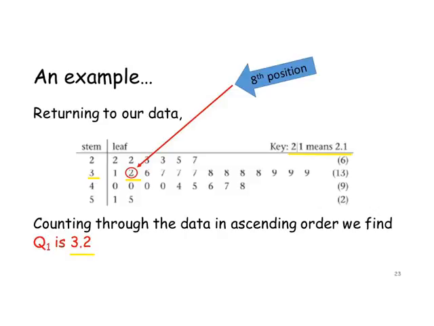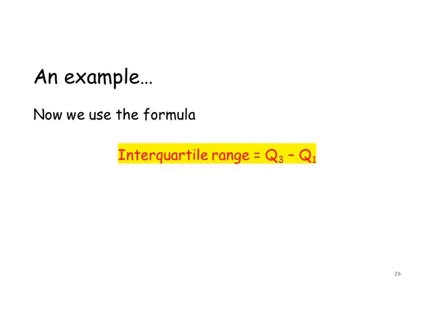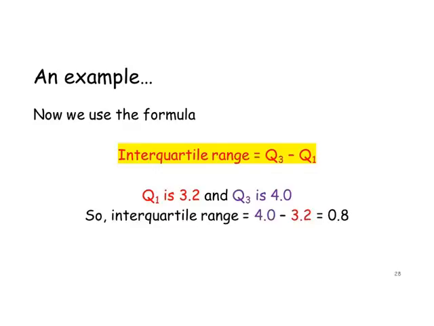For Q3, which was in the 23rd position, we have stem of 4, leaf of 0, and using the key, Q3 equals 4.0. So we need the interquartile range, Q3 minus Q1. Q3 was 4.0, Q1 was 3.2, so 4 minus 3.2 is 0.8.